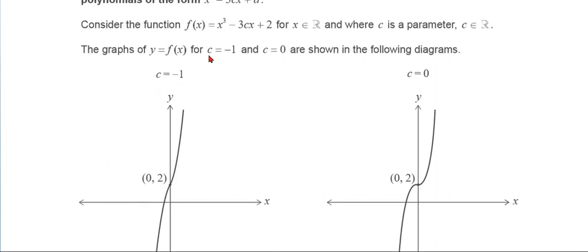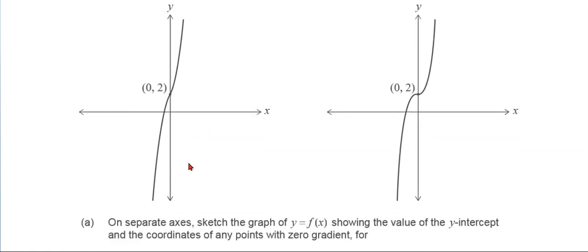The graphs for c negative and 0 are shown. Here we don't see even an inflection point, but here I see obviously a horizontal inflection point. Here we also have an inflection point, but it is not 0.